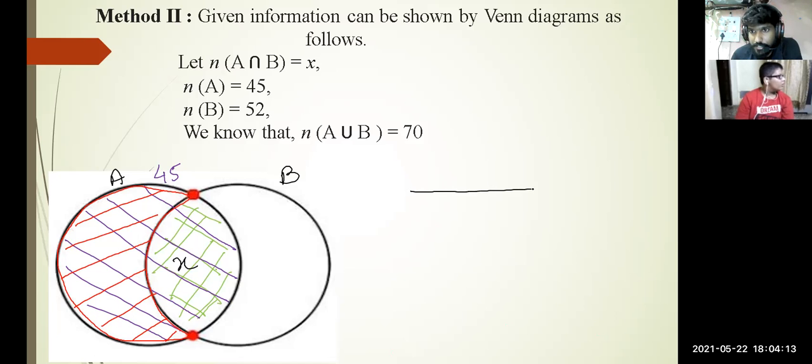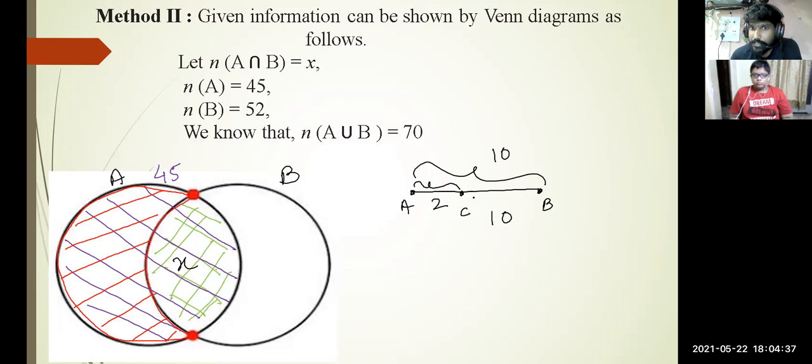Okay, think of it this way. If this length from A to B is 10, and here in the middle you have point C, and from A to C it is 2, and from A to B it is 10, how much will this length be? 8.